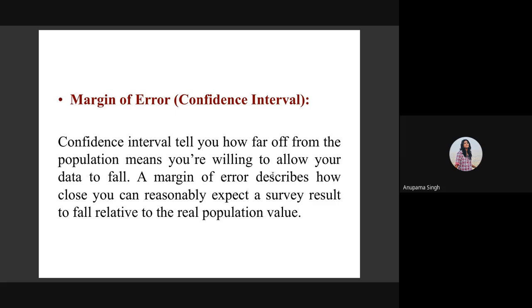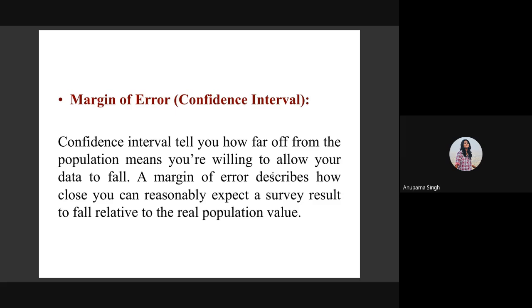So that means the margin of error is very much less. So it is very important that our study should be such that there is as little margin of error as possible.